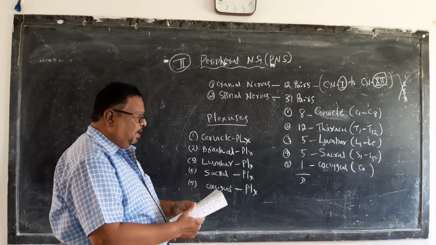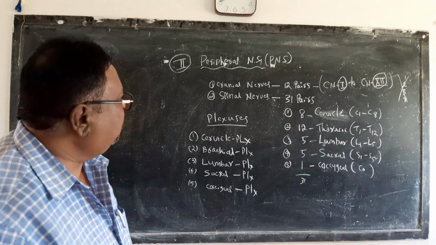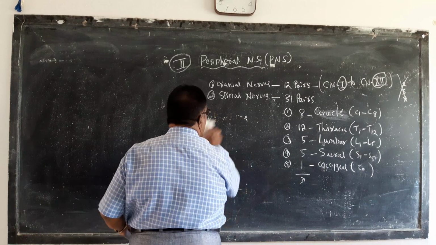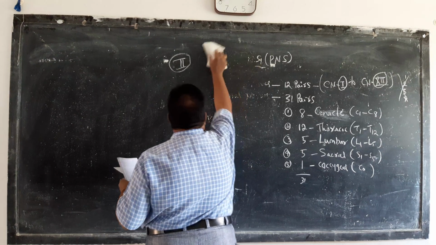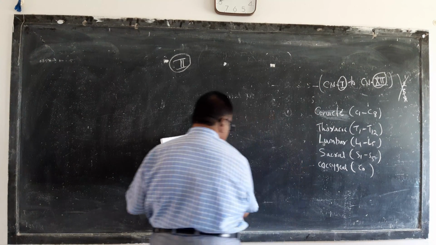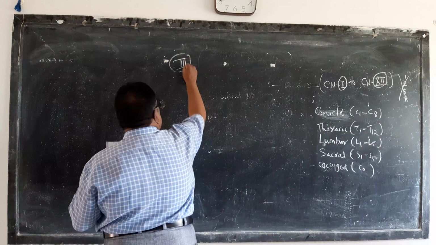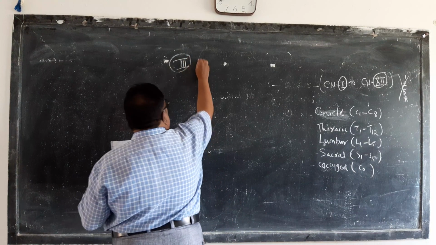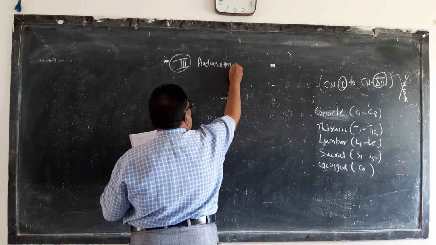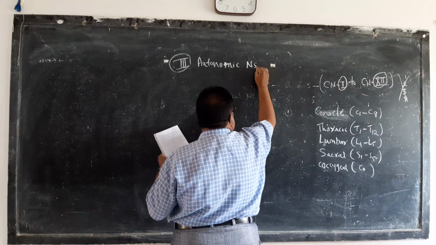Now, coming to the last one, that is the third, the autonomic nervous system, ANS.